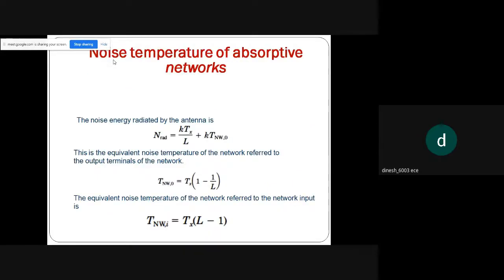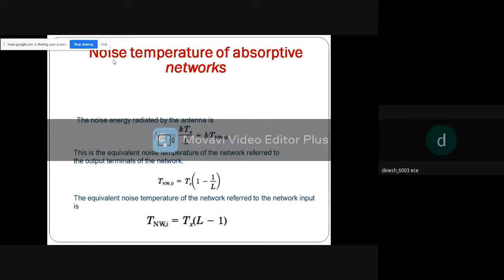So the equivalent T_NW,0 is equal to Tx (1 minus 1 by L). The equivalent noise temperature of the network will be T_NW,i equal to Tx (L minus 1).